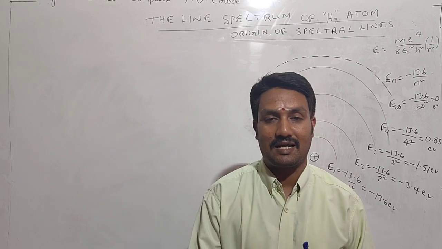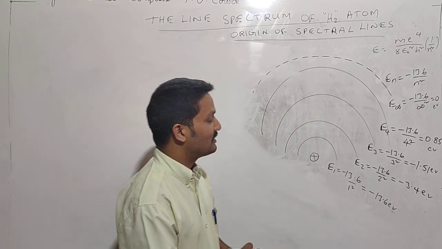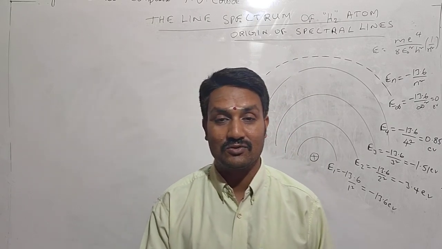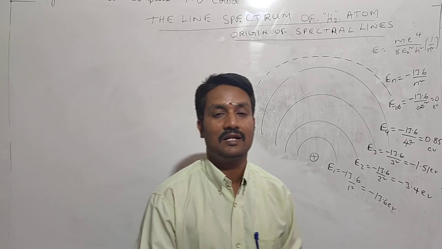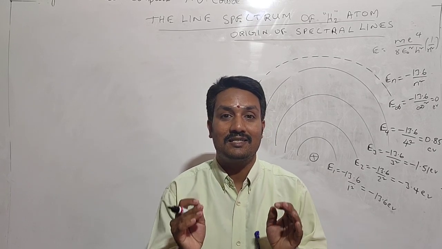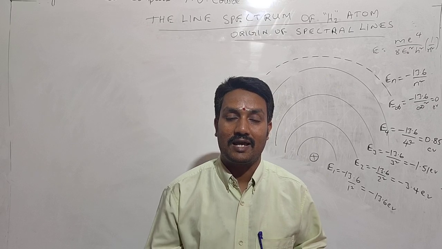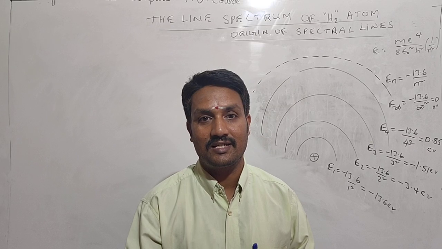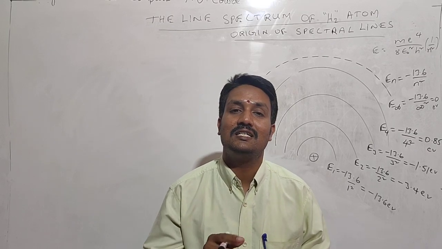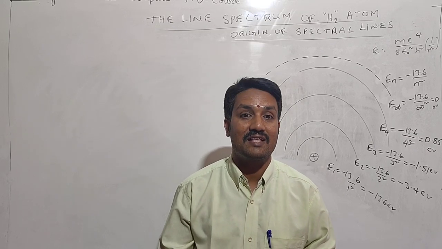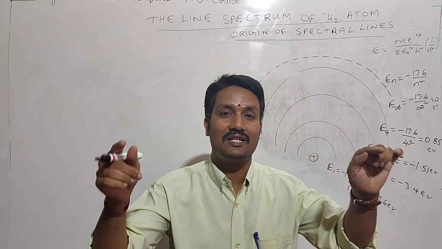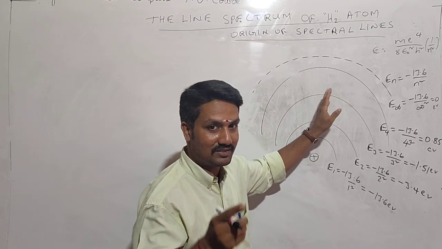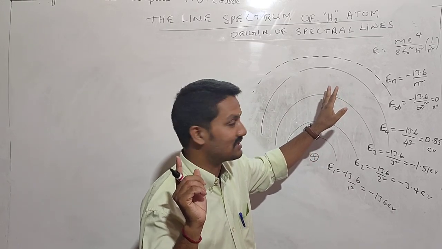In the previous class we already discussed the spectral lines, that means the energy levels and how the energy is distributed, and also how much energy it requires to excite an electron from a lower energy state to a higher energy state, and similarly how much energy is released whenever the electron transitions from that higher energy state to the lower energy state. So here is a diagram that was already explained in the previous class.